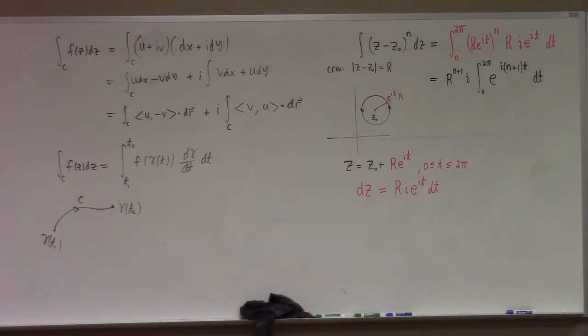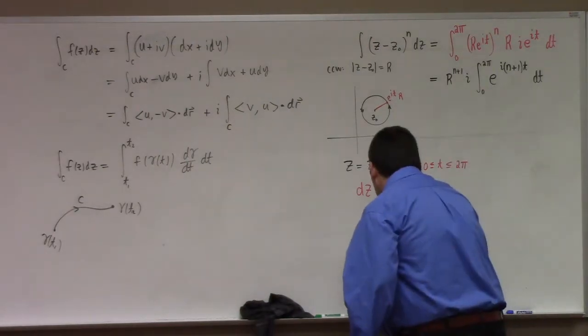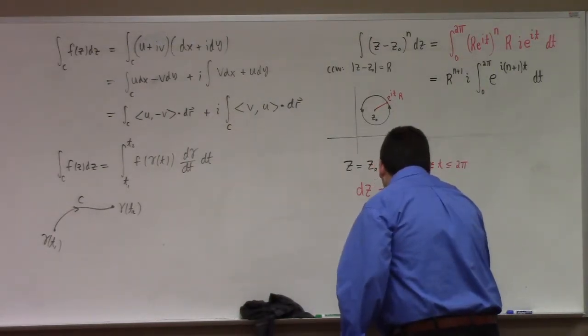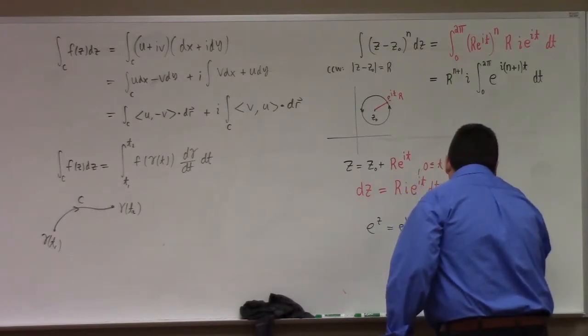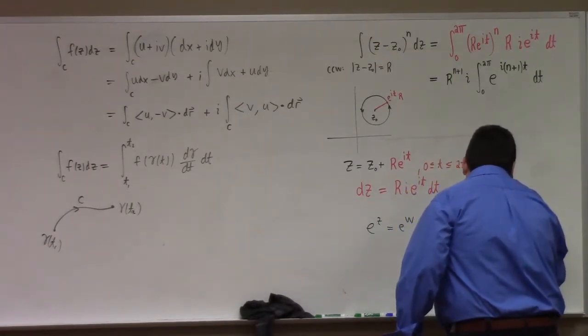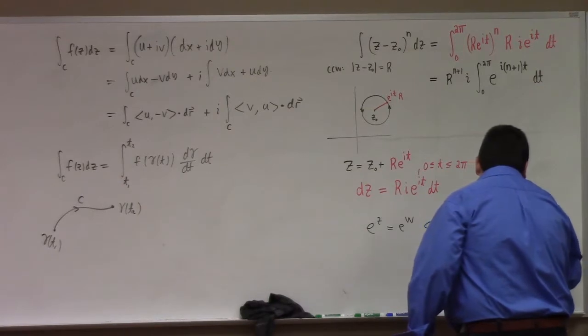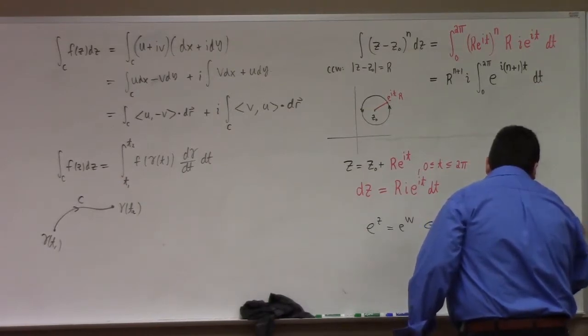But one of the things I failed to tell you, because I was too busy talking about minutiae, is that the complex exponential is 2 pi periodic. In other words, if you have e to the z equal to e to the w, that's true if and only if z is equal to w plus 2 pi i k for some k in the integers.